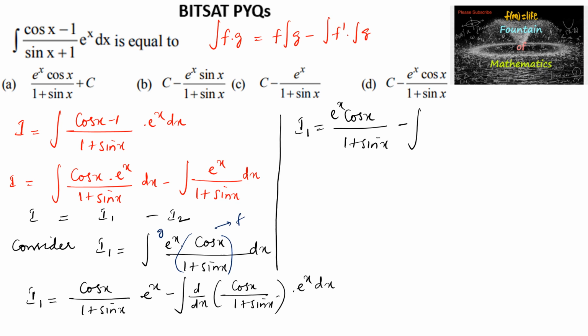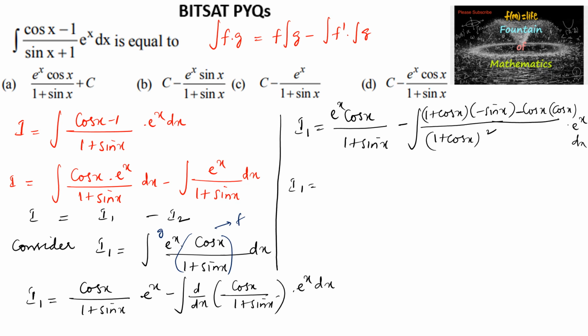Let us use the u by v rule. So we have 1 plus sin x whole square in the denominator. So 1 plus sin x into differentiation of cos x, which is negative sin x, and minus again cos x into differentiation of 1 plus sin x, which is cos x, into e power x dx.